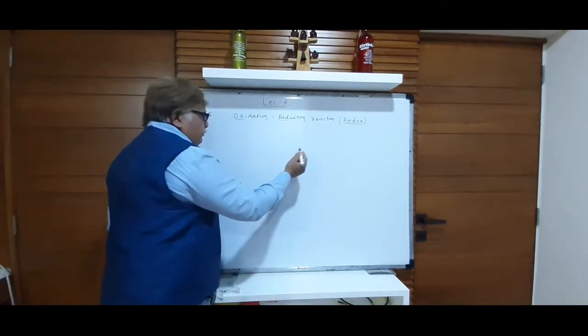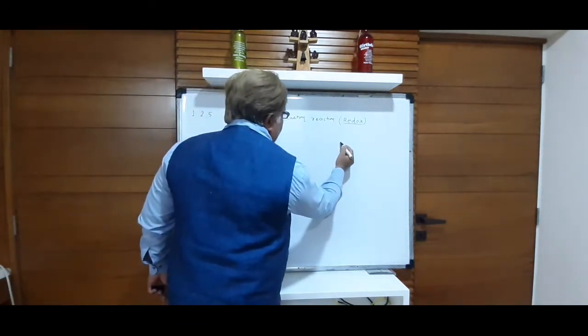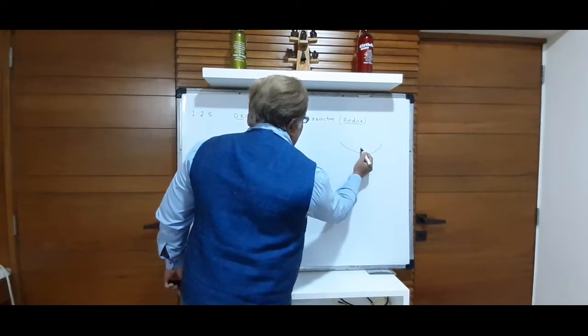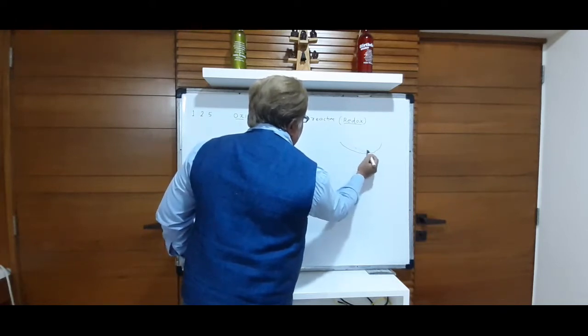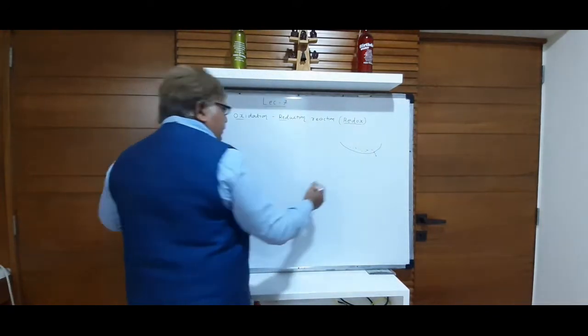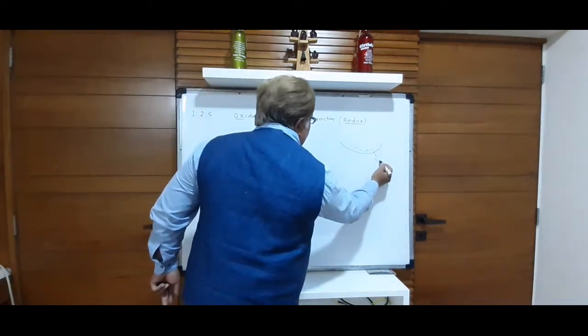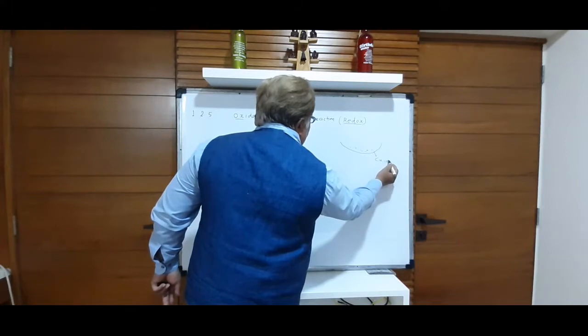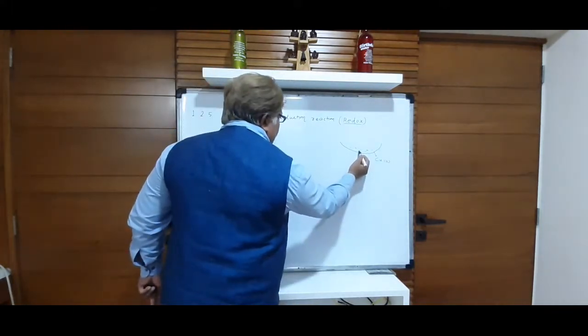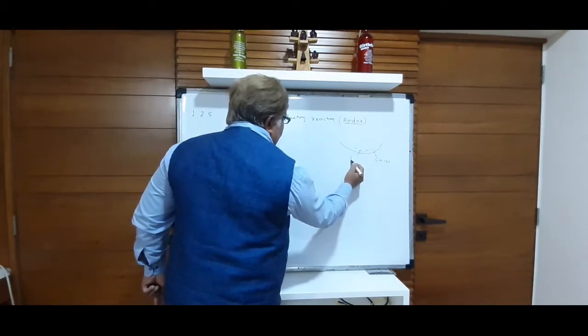Suppose china dish, I just want to mention here, we have taken copper powder here. Its initial color, as you all know, is reddish brown.